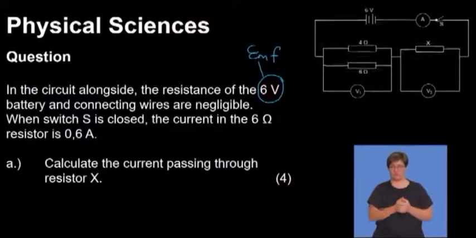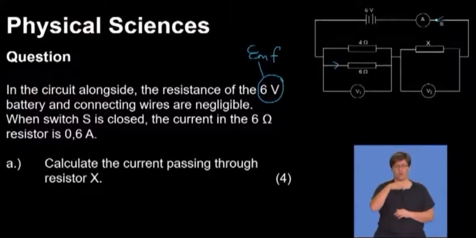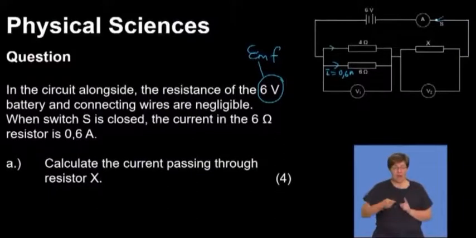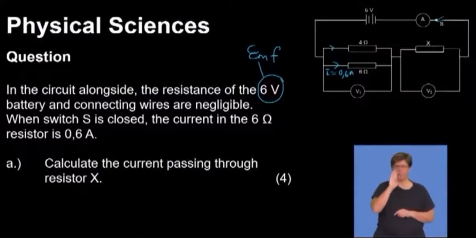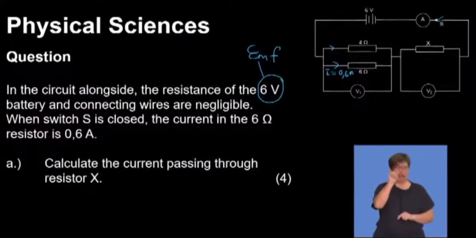If the switch S is closed, we are told that the current in the 6 ohm resistor is 0.6 amperes. So the current that goes to this resistor is equal to 0.6 amperes. Is that the total current? Definitely not, because part of the total current goes to the 4 ohms. And immediately we are thinking, 4 ohms is less than 6 ohms, so it will receive a current greater than that of 6 ohms because it has lesser resistance.